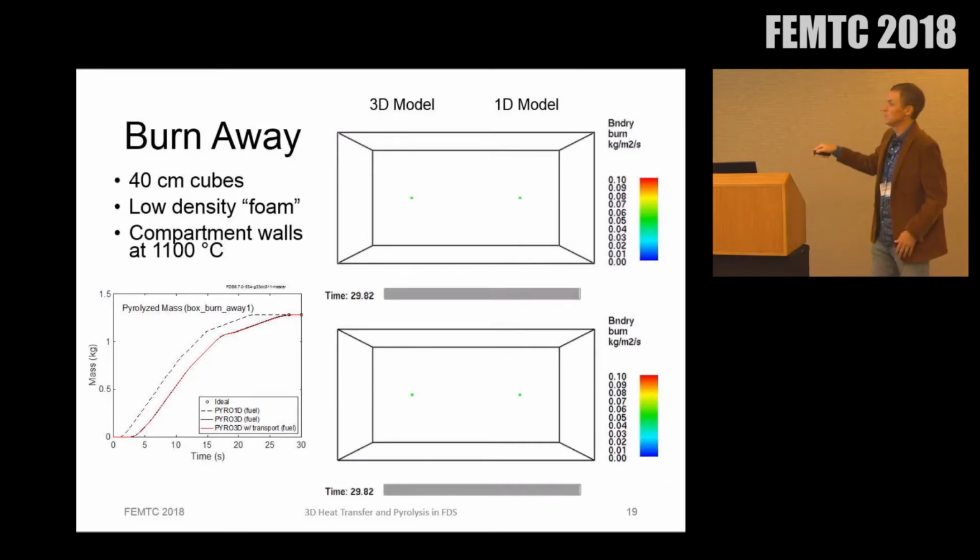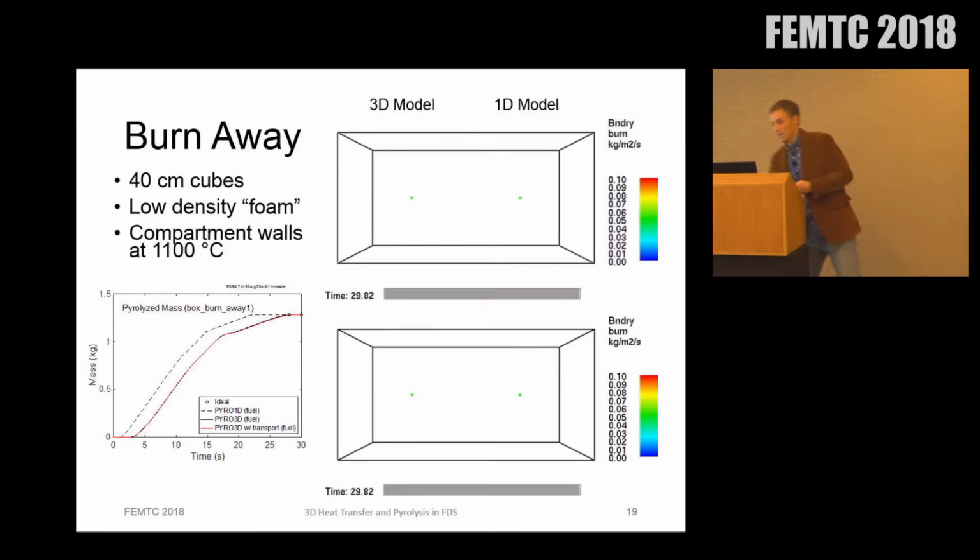The other thing you'll notice, if you look at the cumulative mass lost from these objects, is that the 1D model burns away faster than the 3D model. This is intuitive, because the 1D model is, of course, gridded up to a much finer grid resolution than these 3D cases.